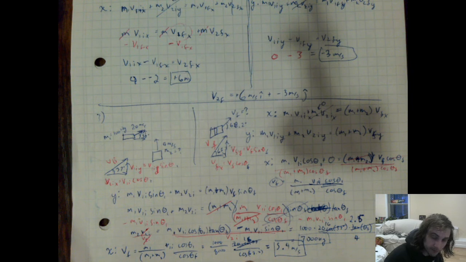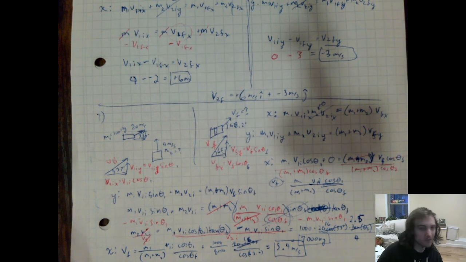Which I am fairly confident means I did something slightly wrong for the numbers, but again, the concepts are all there. It's basically just you're doing momentum problems, you're doing it twice, once in the x, once in the y, and because there's components now, there's that added layer of you have to set up your components and you have to be more careful than I probably was about the angles.